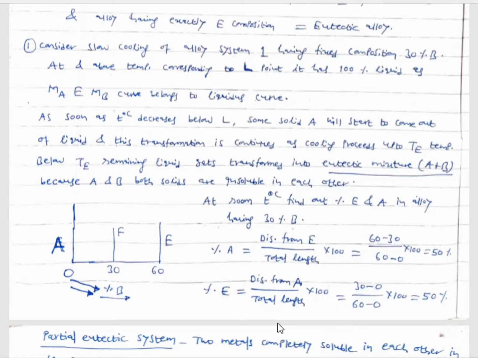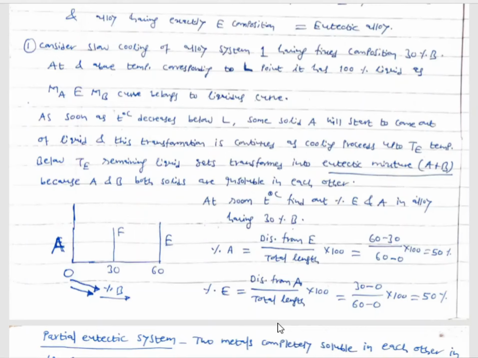So distance from E, opposite arm length, from eutectic phase divided by total arm length multiplied by 100. So distance from E will be FE. It is 60 minus 30 divided by total arm length AE, 60 minus 0, into 100. It will become 50%.